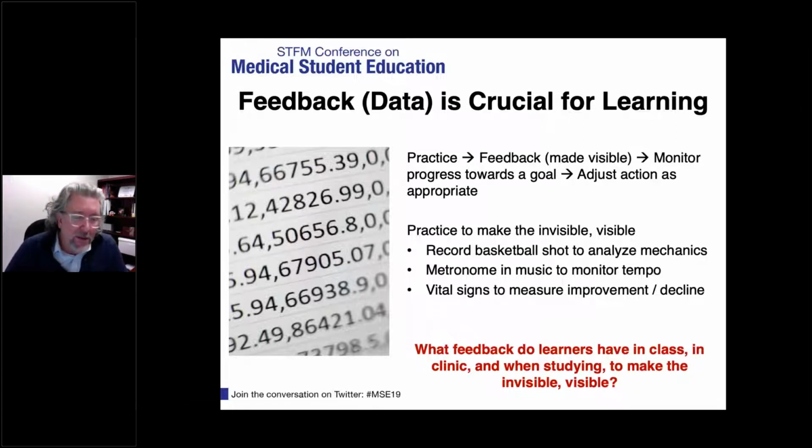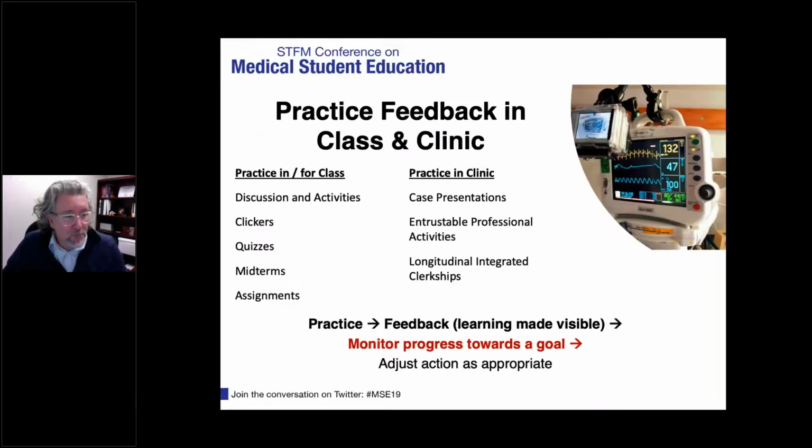So when we think about what feedback learners have in class and in clinic to make the invisible visible, the answer turns out to be a lot. When we think about class, anytime our students are participating in activities, they're providing feedback for us and for themselves.